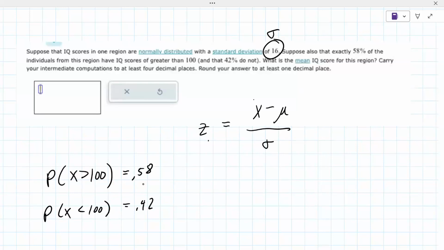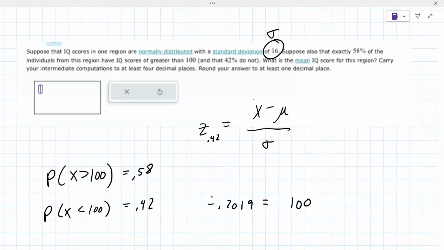So you have to find the z value corresponding to 0.42. It's a reverse lookup, and I'm not sure how to do it on the calculator, but in my case here, that z value is minus 0.2019.